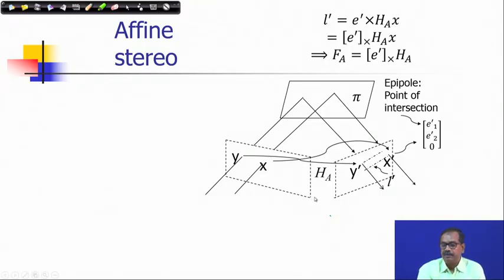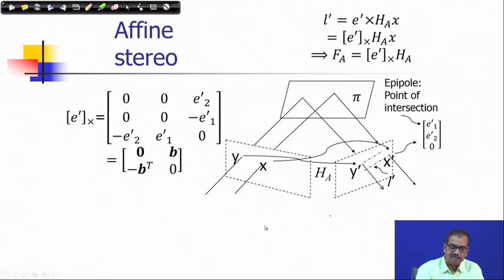So, F_A should be E prime cross H_A, and since epipoles have this construct, the upper 2 cross 2 submatrix of the affine fundamental matrix becomes 0 because of this structure.